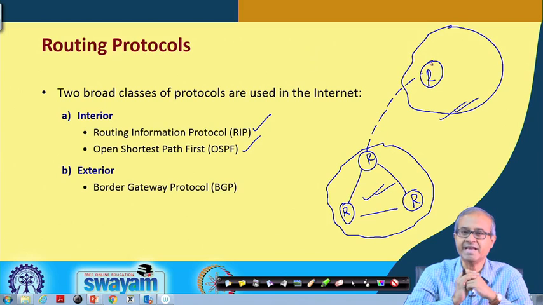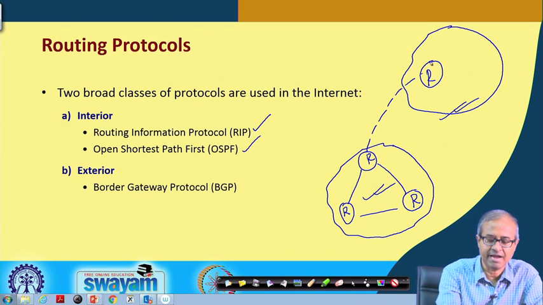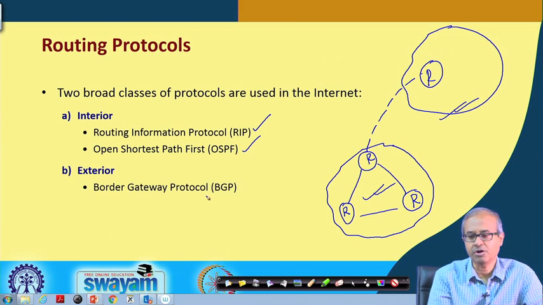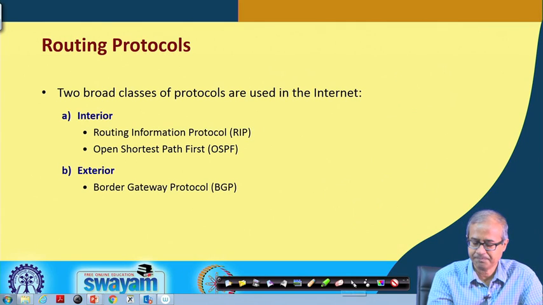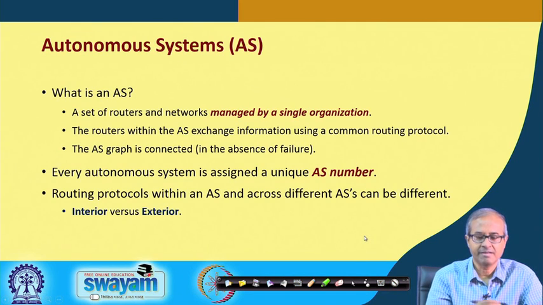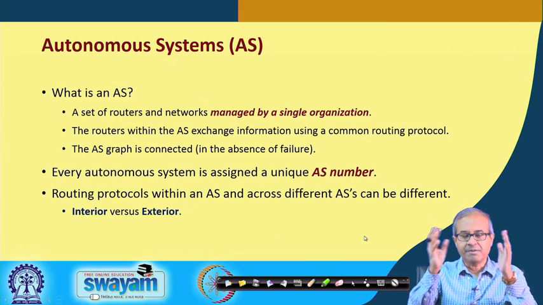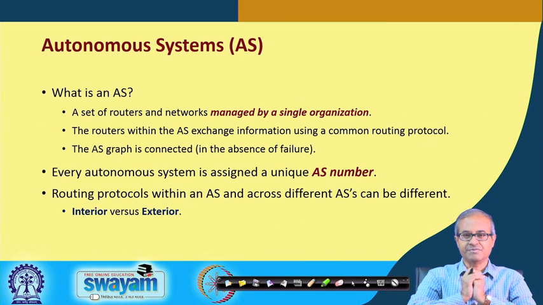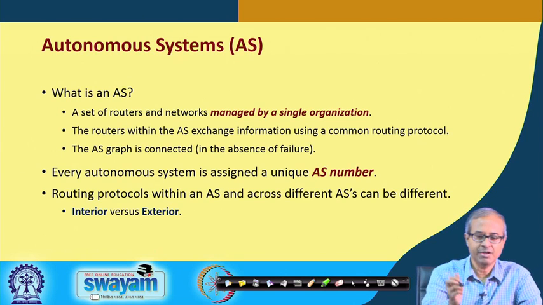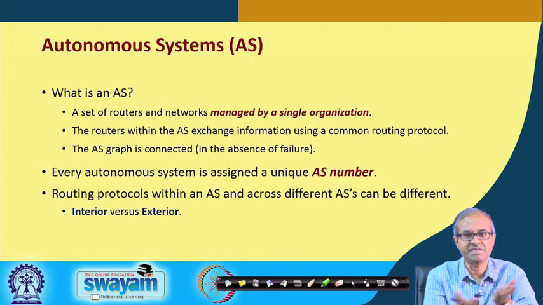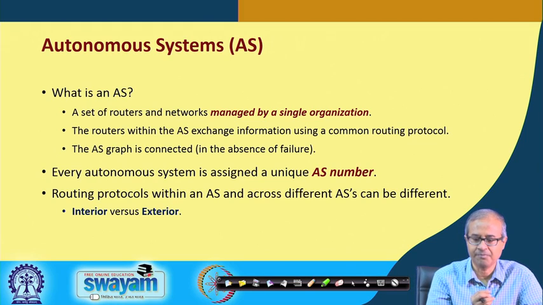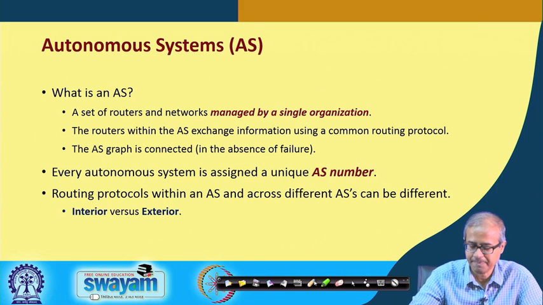These are called exterior routing protocols, and border gateway protocol is one very important example of that. Now, that boundary I was talking about, that boundary technically is known as an autonomous system. Autonomous system is that imaginary boundary which I have just mentioned.